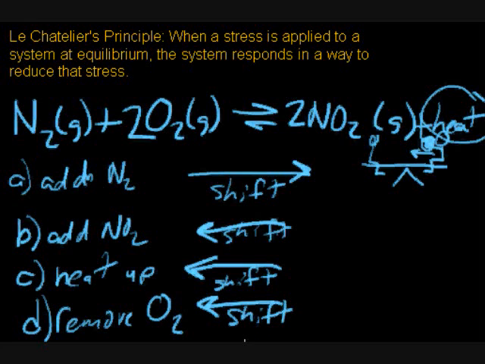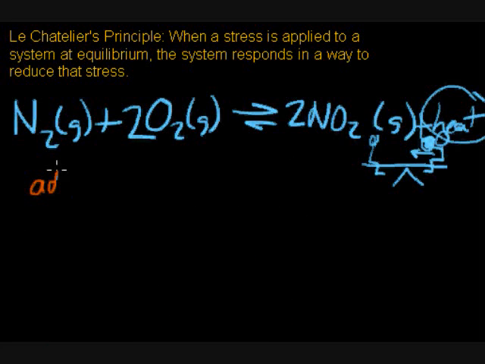So let's look at a summary of one of the things we can tell from these four examples. When we add something, the reaction will shift to get rid of what we've added.